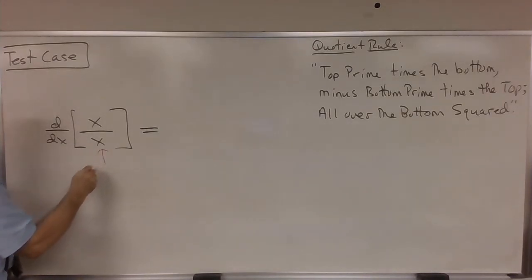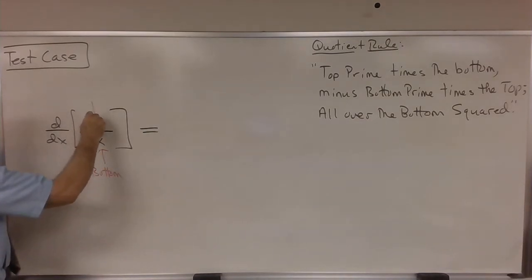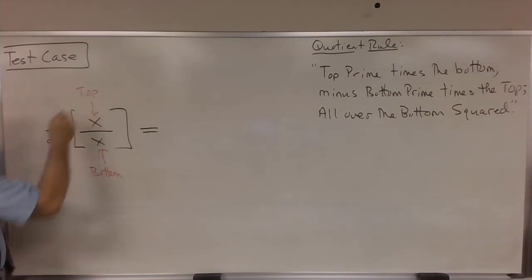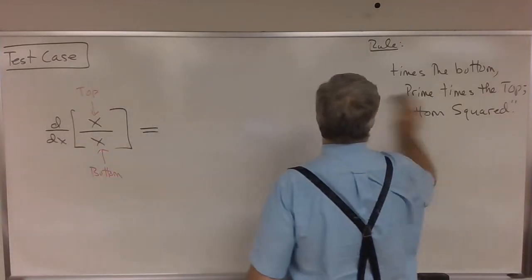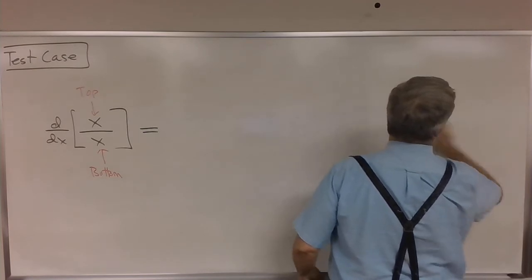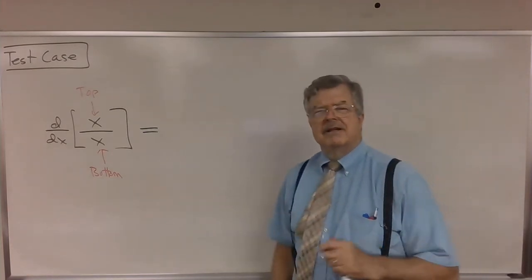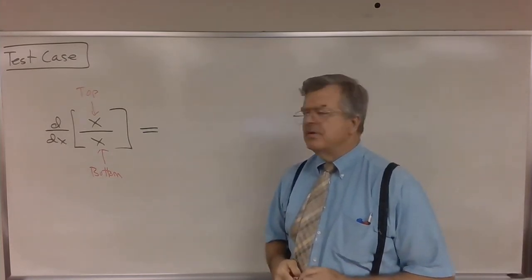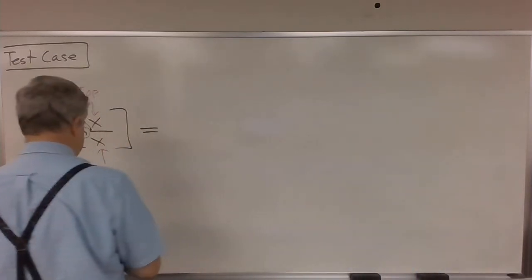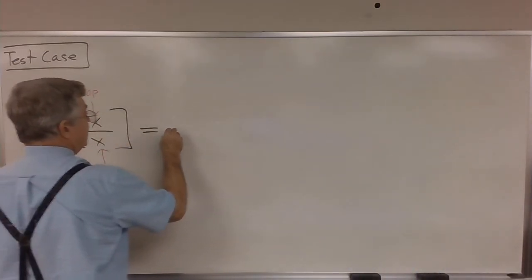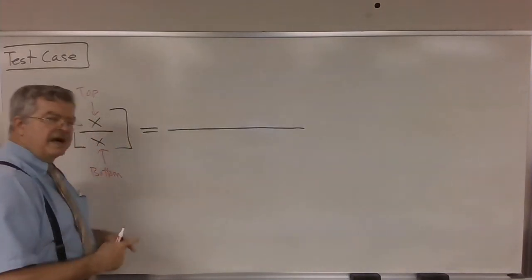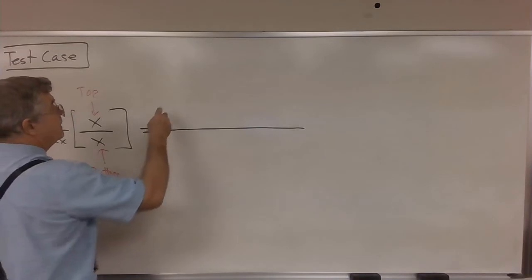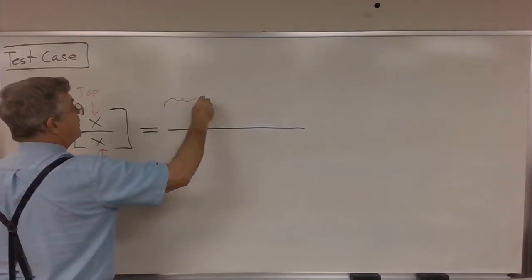This is the bottom. This is the top. And let's see, what does my quotient rule tell me? It tells me top prime times the bottom. So I should have top prime here.